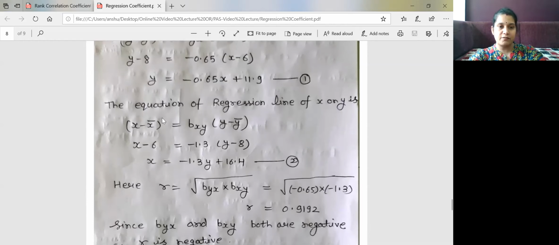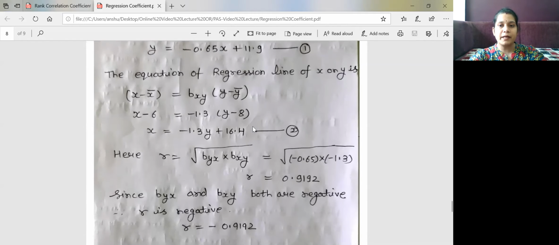Our next equation is the equation of regression line of x on y. So x minus x bar is equal to bxy times (y minus y bar). Here x bar is equal to 6, and the regression coefficient of x on y is equal to minus 1.3, and here y minus 8.